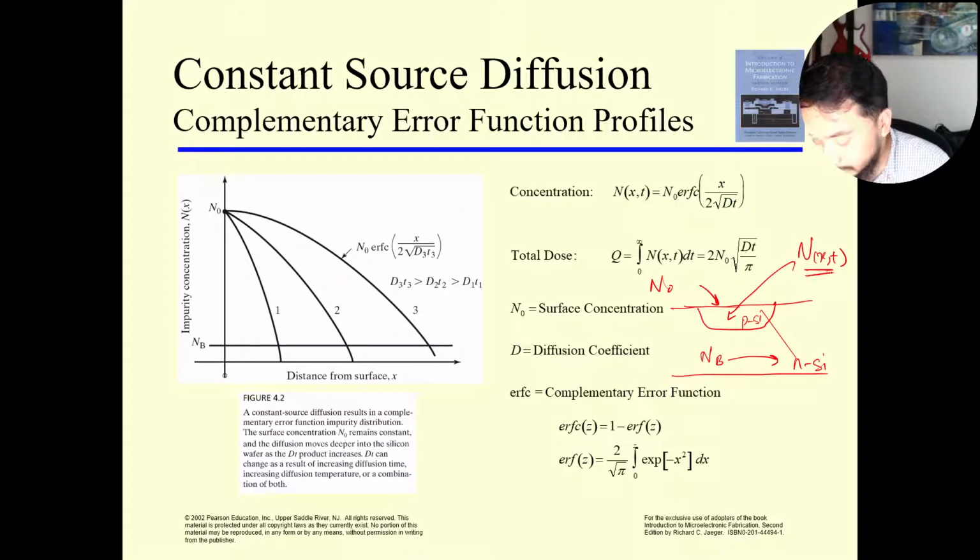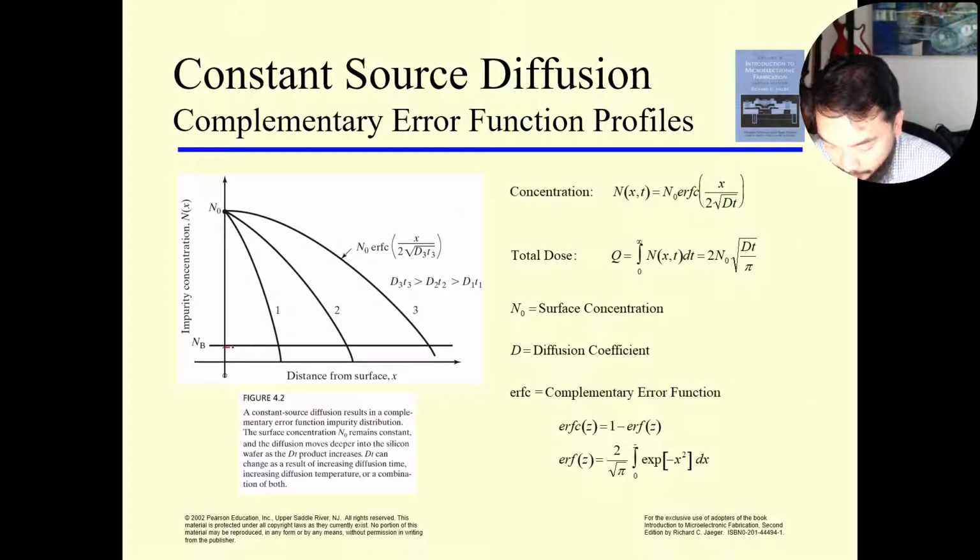And this is represented by this graph here. That's why you have NB here as a straight line, because throughout the wafer it's already uniform. The background doping of the n-type wafer is already uniform, so it's a straight line.